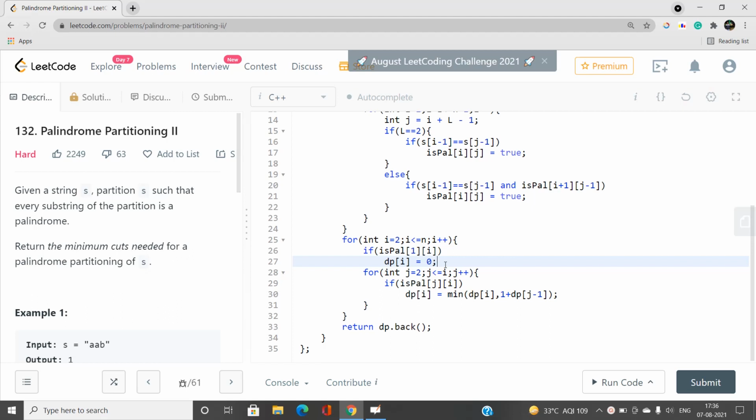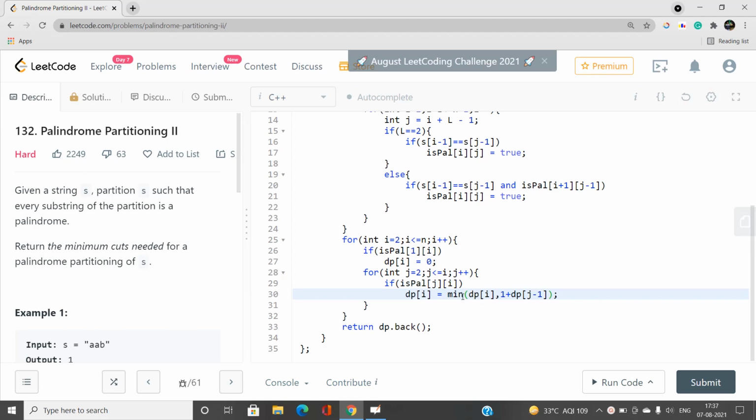Otherwise start j equal to 2 and go up to less than or equal to i, and every time increment your j. Now this pre-calculation is going to help us. I will check isPal of j, i. If we perform a partition just behind the jth character, then I need to ensure that the substring starting from the jth index up to the ith index must be a palindrome. That's why I've checked isPal of j, i must be true, and only then I take the minimum value. dp of i is equal to the minimum of dp of i and 1 plus dp of j minus 1.